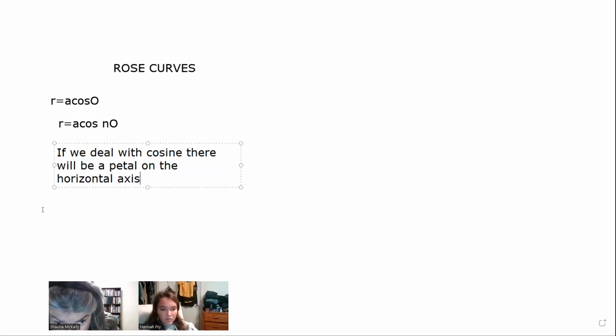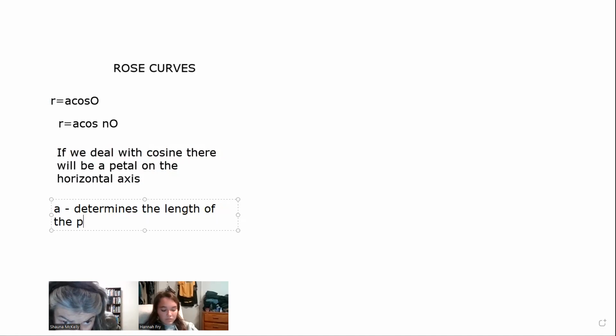Now, a determines the length of the petal, right?